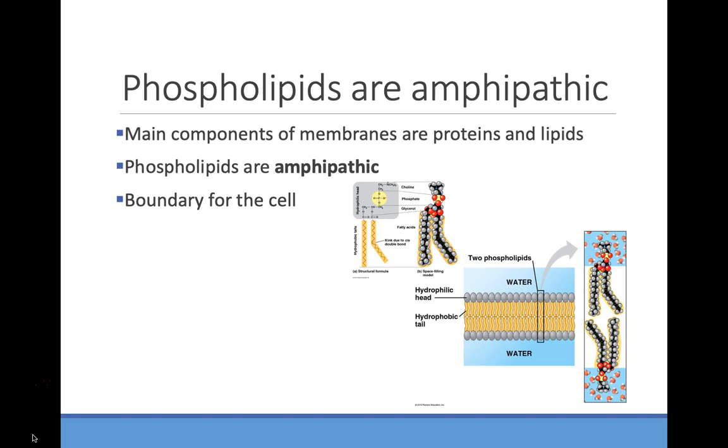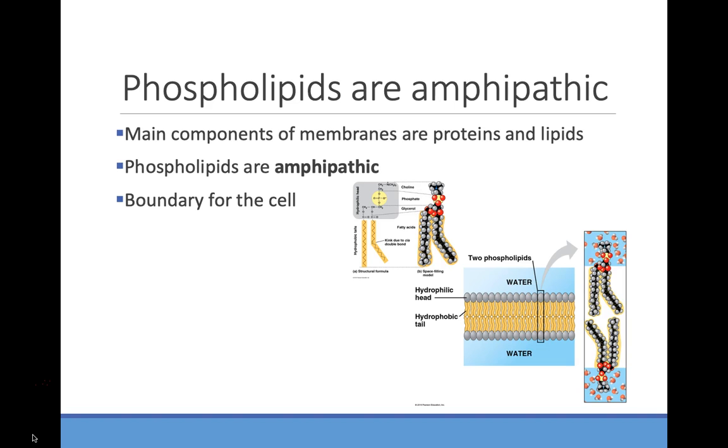So let's review the structure of the phospholipid, because the phospholipid is the main component of that plasma membrane. Phospholipids are important because they are what we call amphipathic. Amphi means both, and the word amphipathic means that the molecule is both positively charged and therefore polar and hydrophilic, and then the other end has no charge.